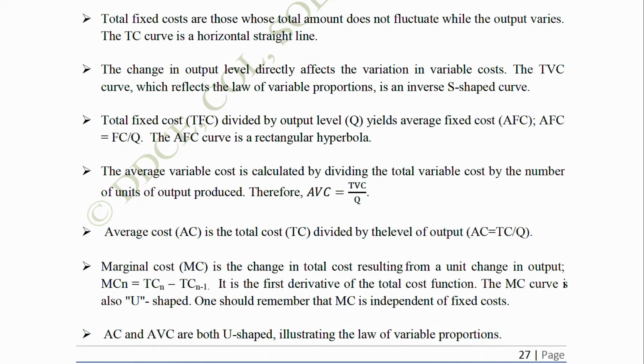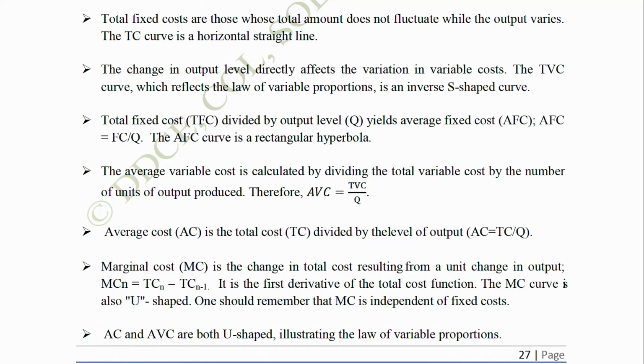Total fixed cost divided by output level yields average fixed cost. The average fixed cost curve is a rectangular hyperbola. The average variable cost is calculated by dividing the total variable cost by the number of units of output produced. Therefore, AVC = TVC/Q.